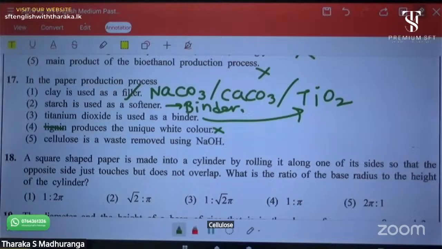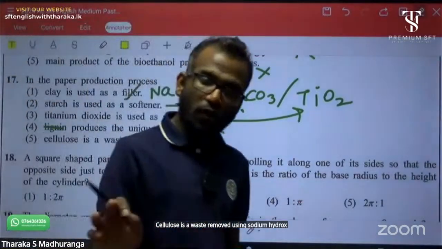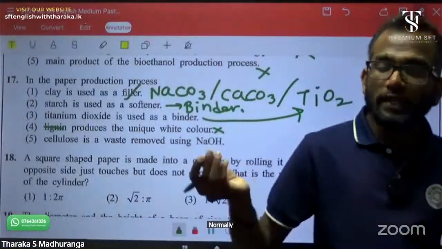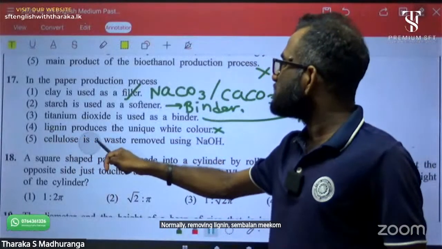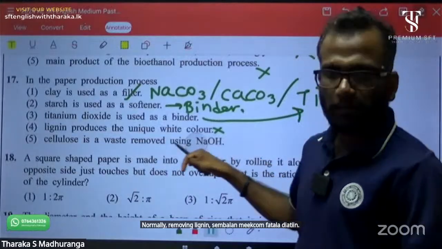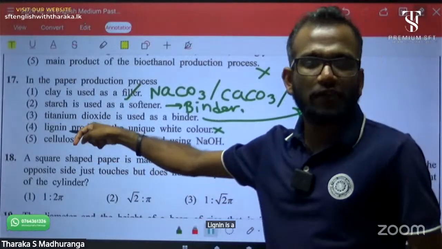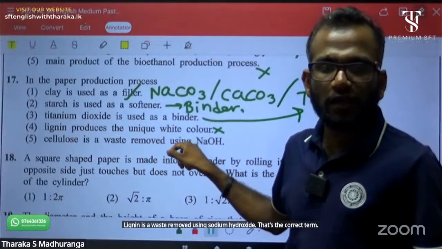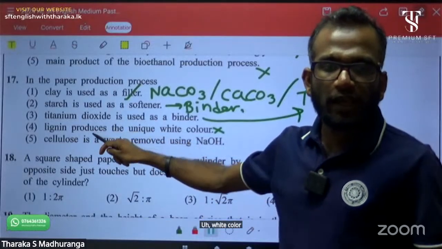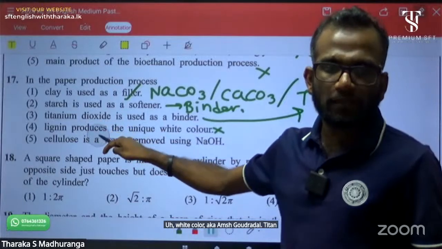Cellulose is a waste removed using sodium hydroxide? Wrong. Normally lignin is removed. Now look, they have mixed everything up here. Lignin is a waste removed using sodium hydroxide. That's the correct one. Lignin produces the unique white color, that answer goes up; it is titanium dioxide that makes a unique white color.